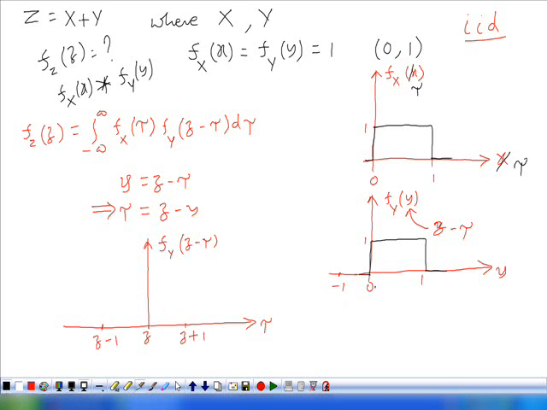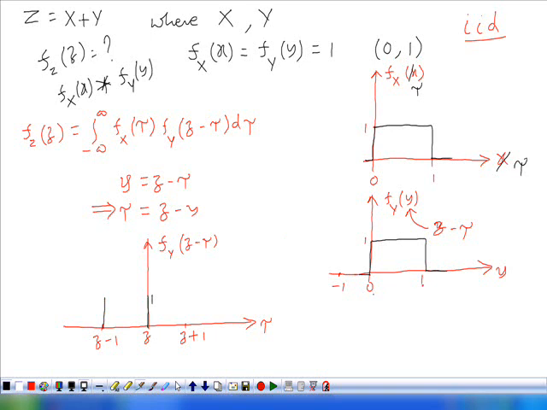Now, when y is equivalent to 0, the function value is 1. The corresponding value here is z, so at z its function value is 1. When y is equivalent to 1, again it is 1, and the corresponding value is z minus 1, so here also it is 1.